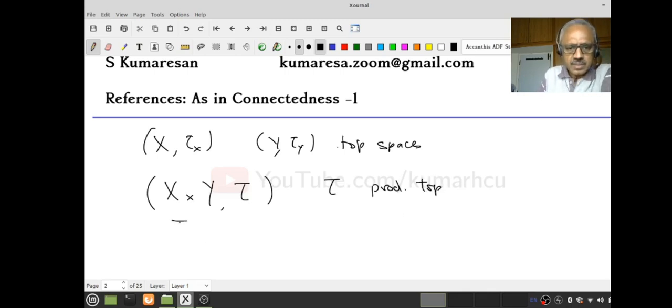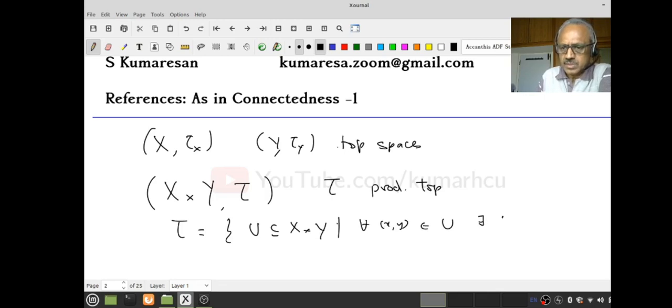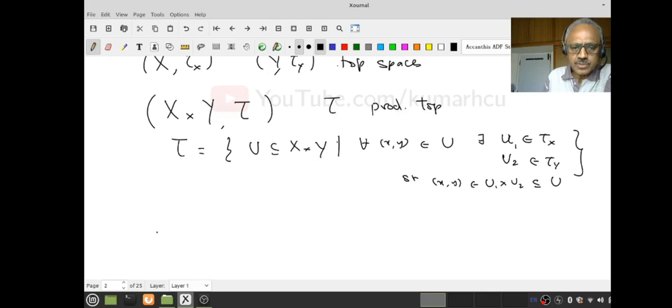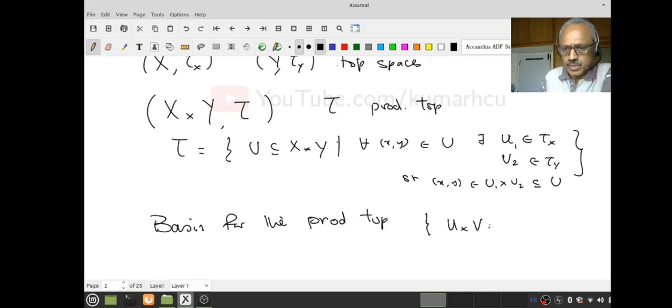The topology tau consists of all open subsets U of X cross Y such that for every element (x, y) in U there exist U1 in tau X and U2 in tau Y so that (x, y) belongs to U1 cross U2, which is contained in U. Therefore the basis for the product topology is sets of the form U cross V, where U is in tau X and V is in tau Y.